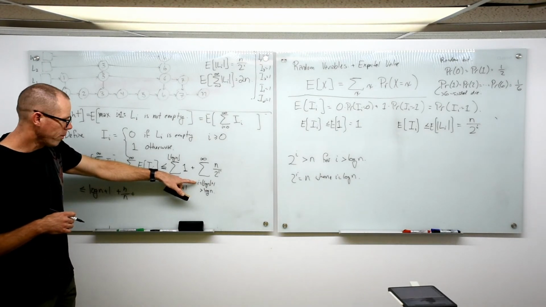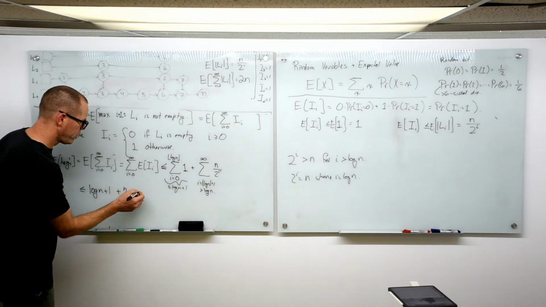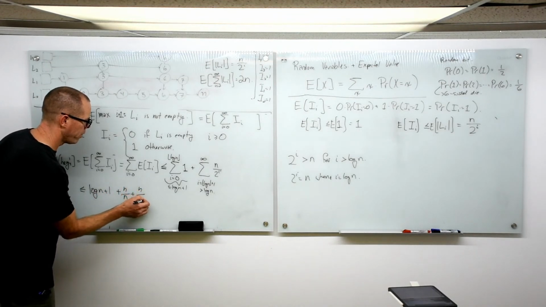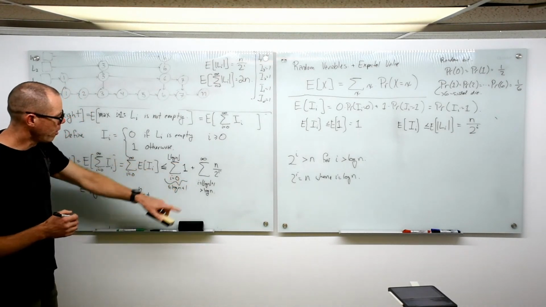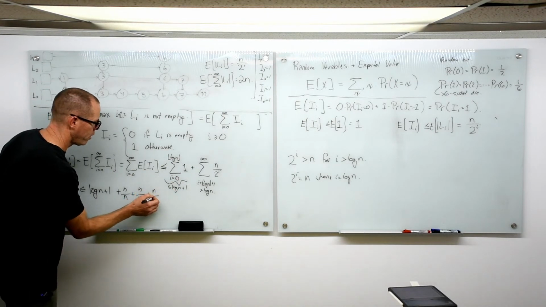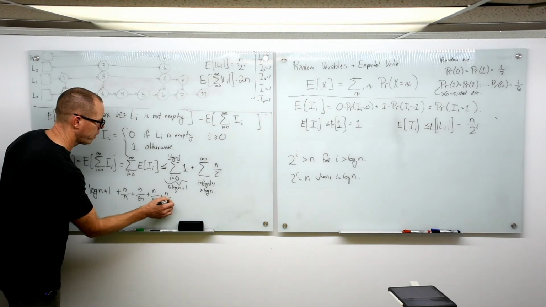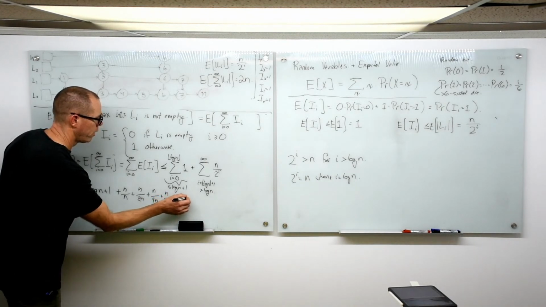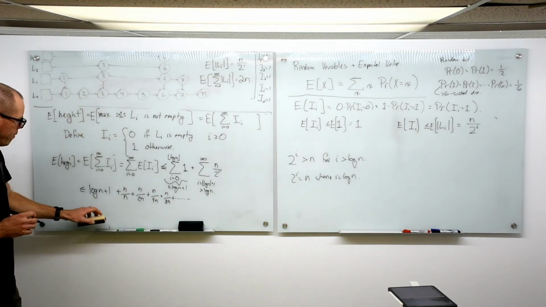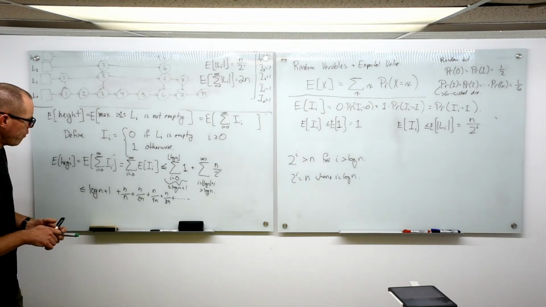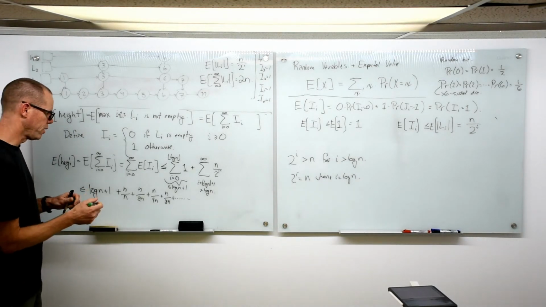The second term is half of that. So this is smaller than n over 2n. The next term is smaller than n over 4n. The next one is smaller than n over 8n, and so on, all the way off to infinity. But wait a minute, we have all these n over n's, those cancel each other out.